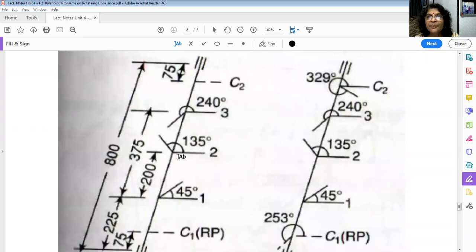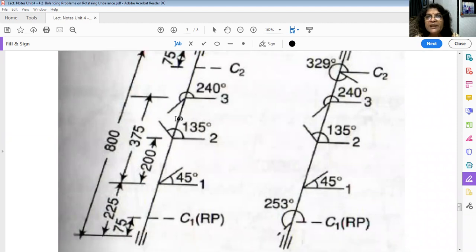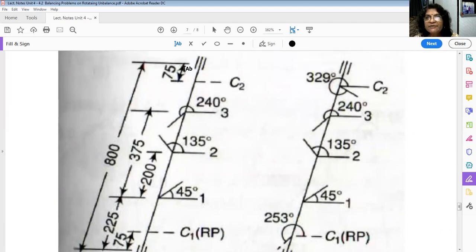Okay, now the distance between the C2 from C1, how much is it? See here, this is C2 and this is C1. How do you calculate? You know the distance between two bearings, it is given 800. Then C1 plane is at 75 mm from left hand side bearing, C2 plane is at 75 mm from the right hand side bearing. So 800 minus 75 minus 75, that will give the distance between C1 and C2.